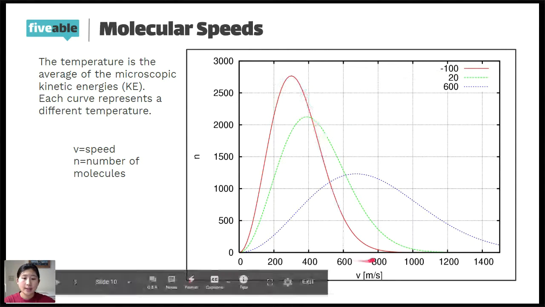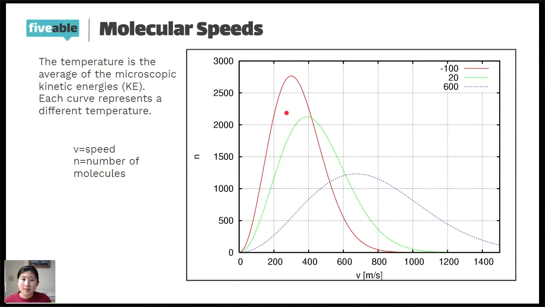Over here, when you come to around 1000 speed, there's barely any, essentially zero. So you can see it goes down so quickly because the lower temperature you have, the more gas molecules will move slower.